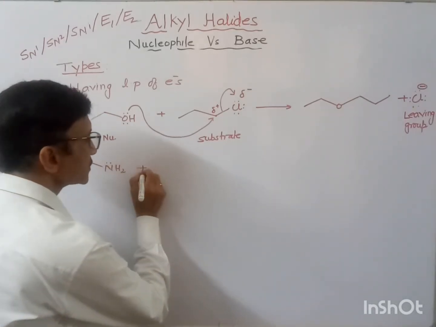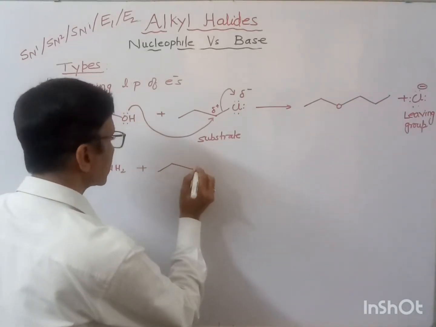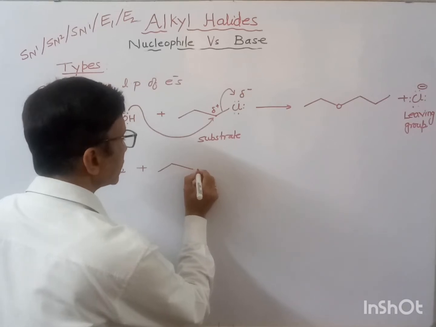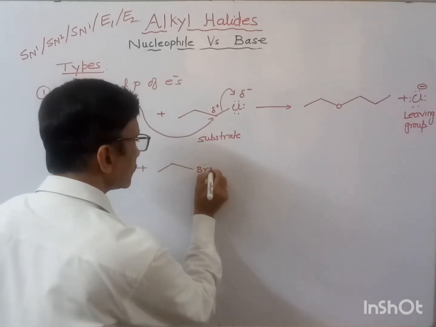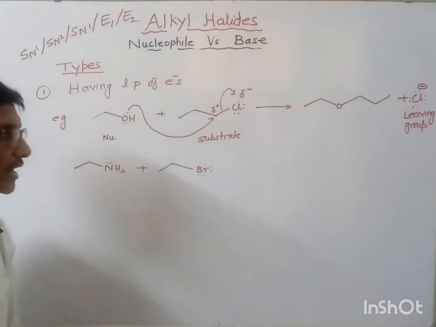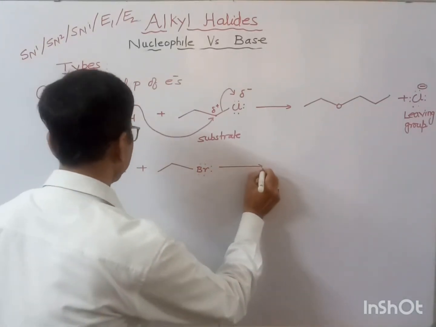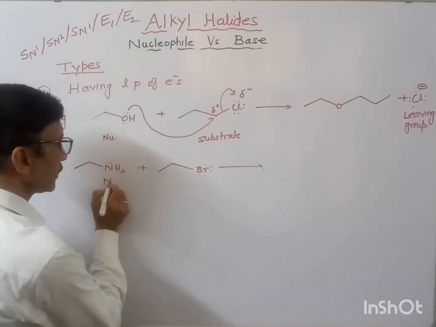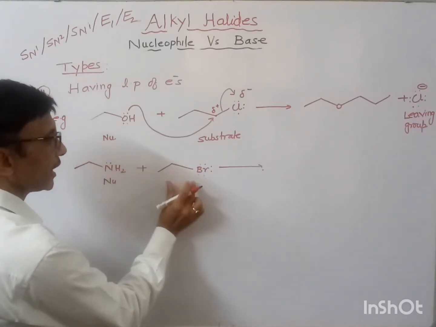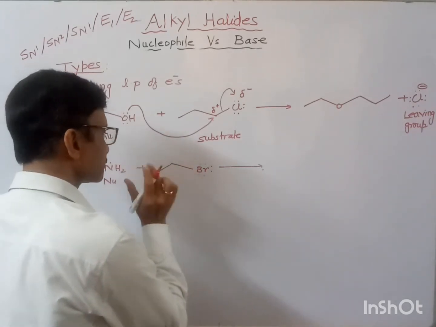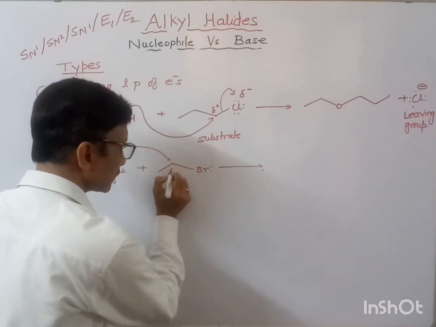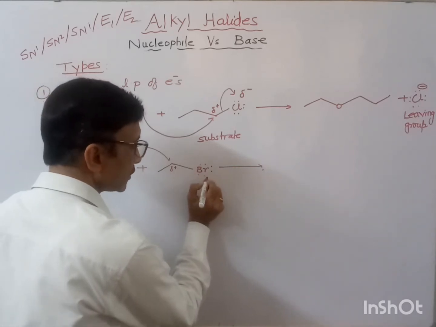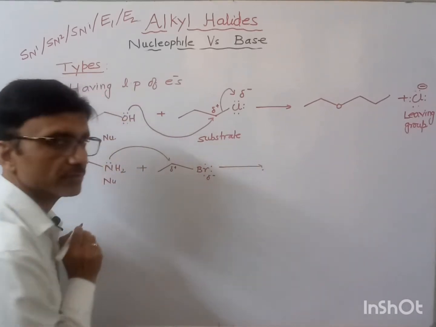Okay, now in the same way, suppose we have ethylamine, and this ethylamine may attack, suppose this is a bromide. So here this acts as a nucleophile. This is a nucleophilic species, and this is a substrate molecule having this electrophilic center. So this carbon has a partial positive charge, and this has a partial negative charge.